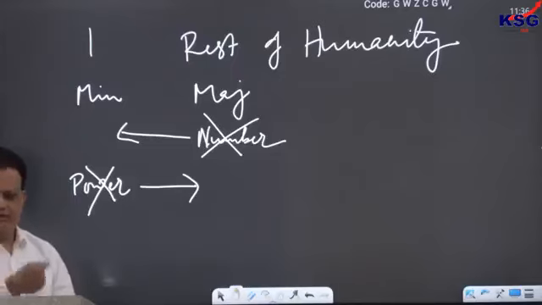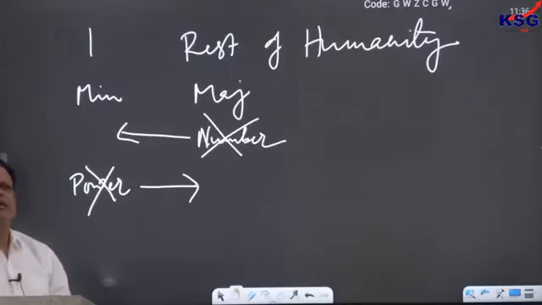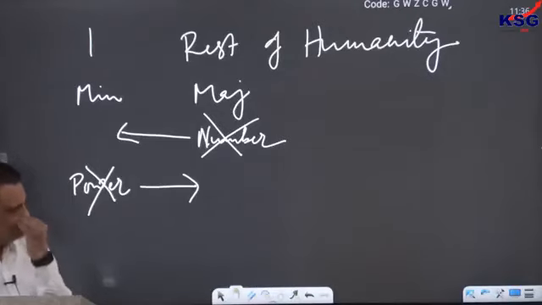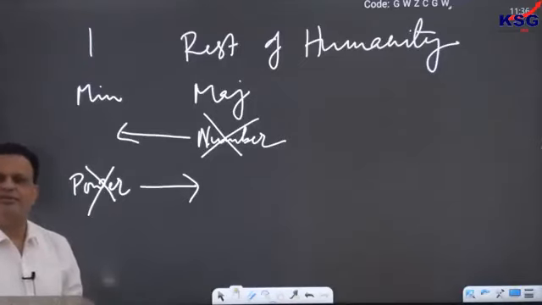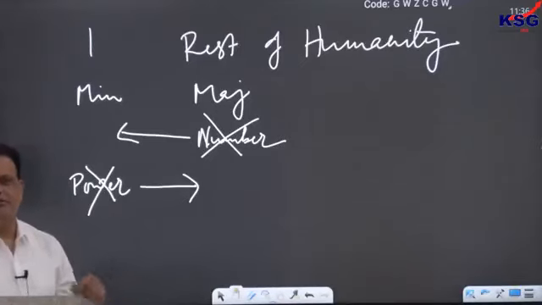Respecting individual liberty will always create greater benefits for the society in the long run.